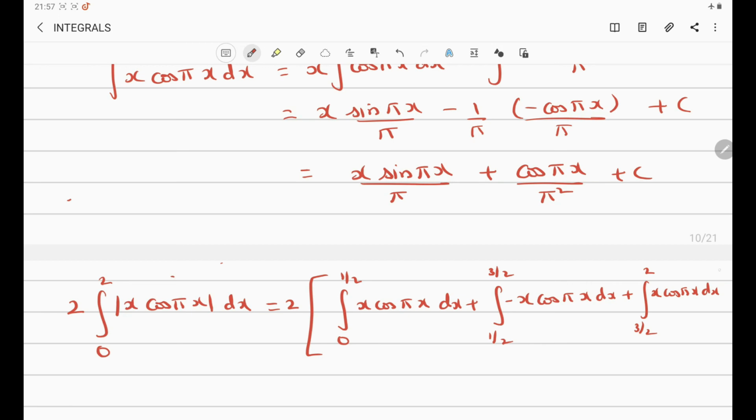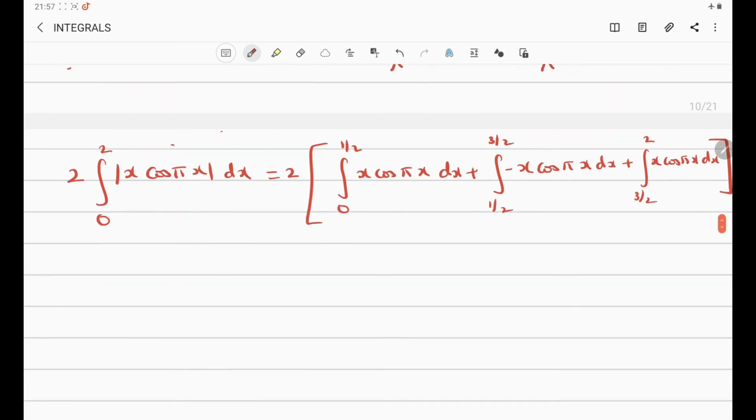So we have to split this integral as 0 to half x cos pi x plus half to 3 by 2 minus x cos pi x plus 3 by 2 to 2 x cos pi x dx. So now we are going to do the further simplification by substituting the upper limit and lower limit in the indefinite integral obtained here.